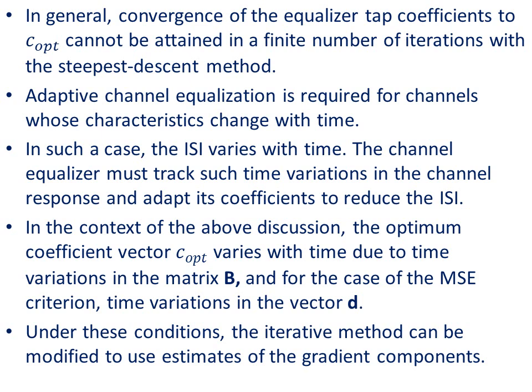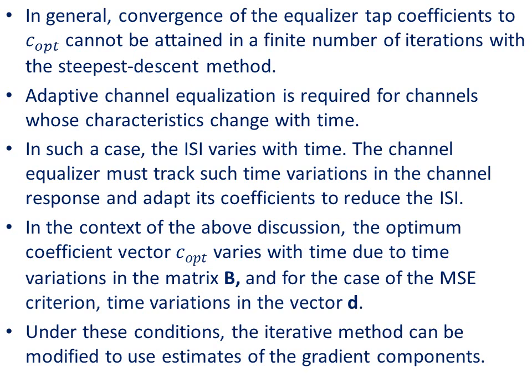So adaptive channel equalization is required for channels whose characteristics change with time. In such a case, the ISI, that is inter-symbol interference, varies with time. The channel equalizer must track such time variations in the channel response and adapt its coefficients to reduce the ISI.